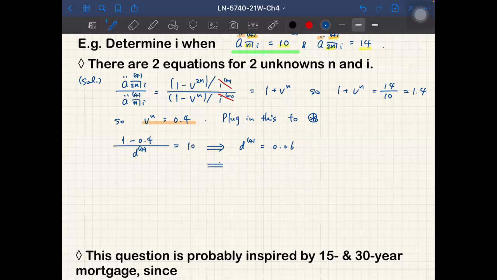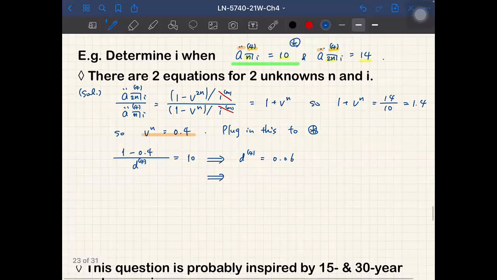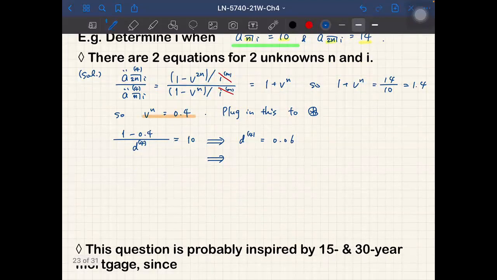Now we want to find i finally, so we have to translate this d superscript 4 into i. At first, d superscript 4 to d. So 1 minus d superscript 4 over 4 is equal to 0.985.